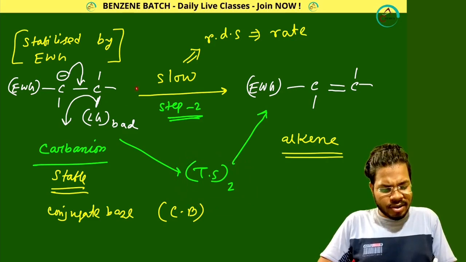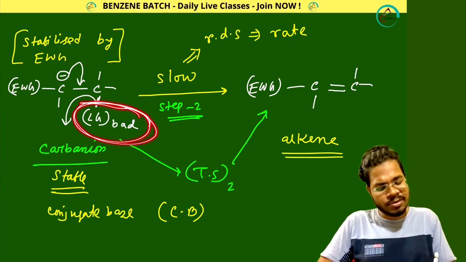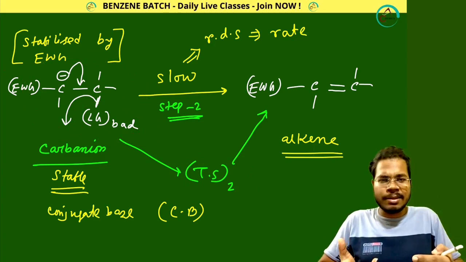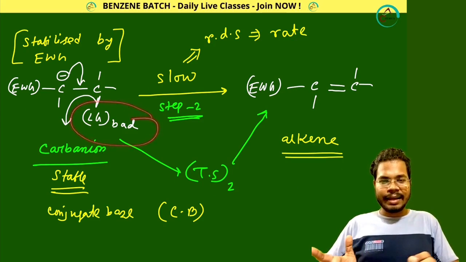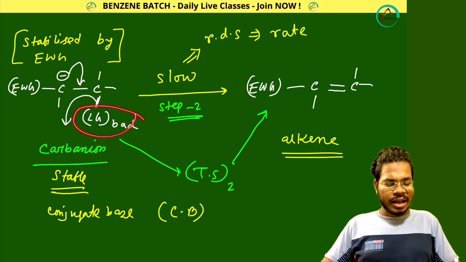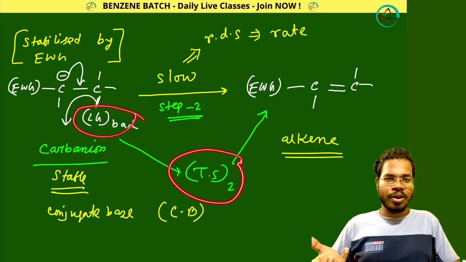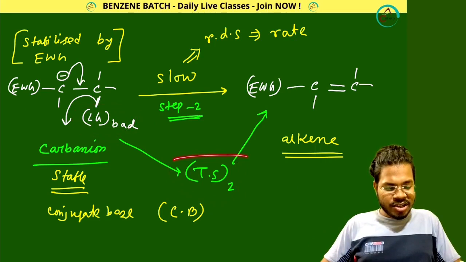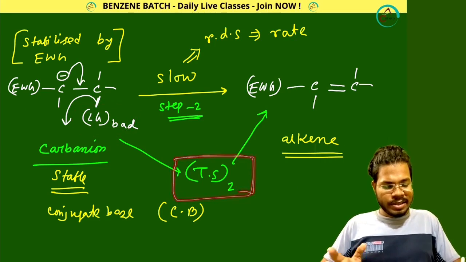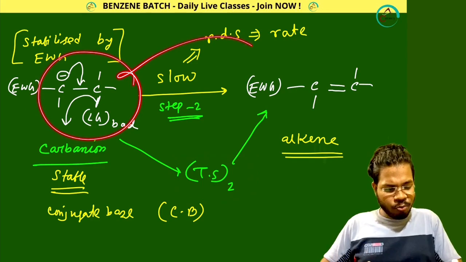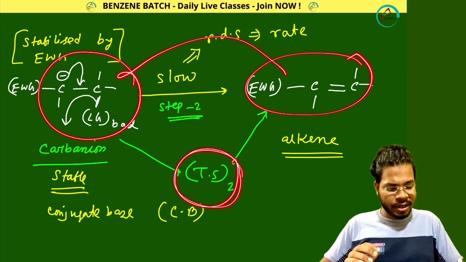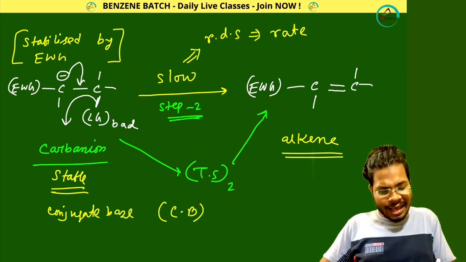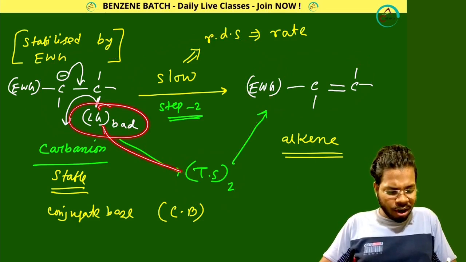Why is that? Look at this system, it has a very bad leaving group. So this bad leaving group will not leave the system very easily. As it is not leaving, this transition state will not be very stabilized, because the transition state is the intermediate one. Whenever I go from reactant to product, the transition state has properties of both. But as this is a very bad leaving group, it will not leave easily.